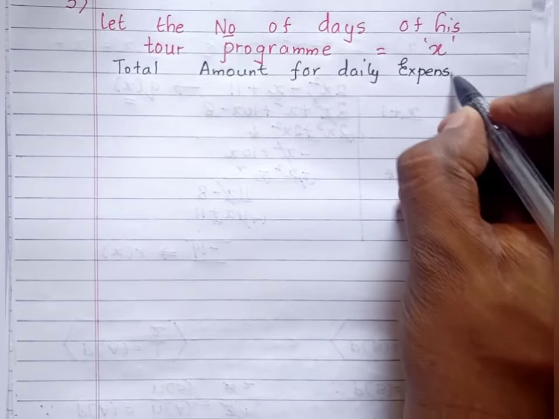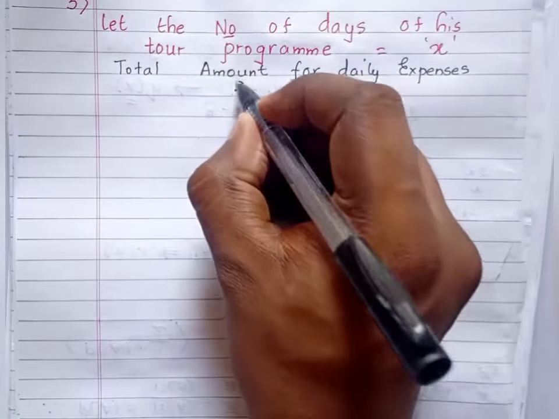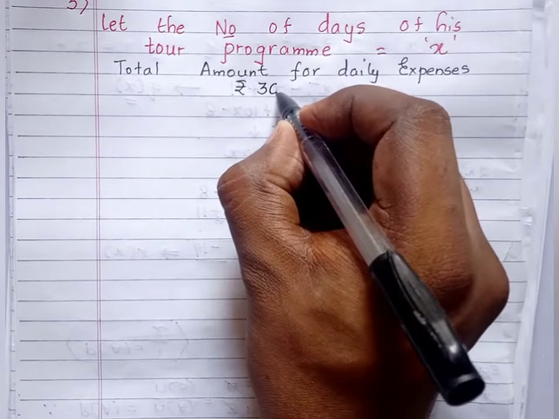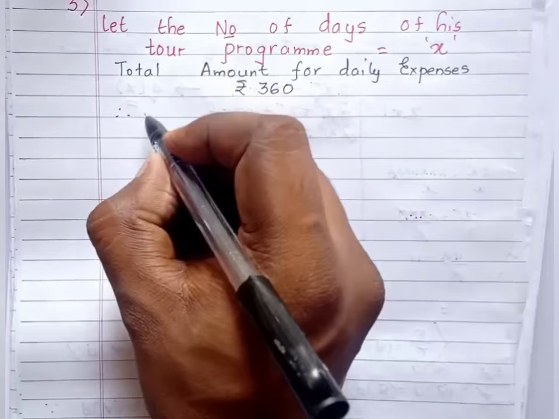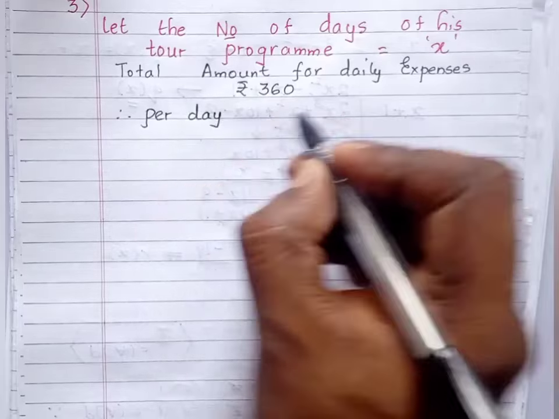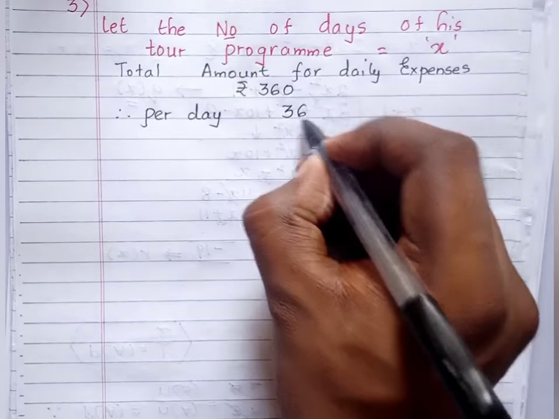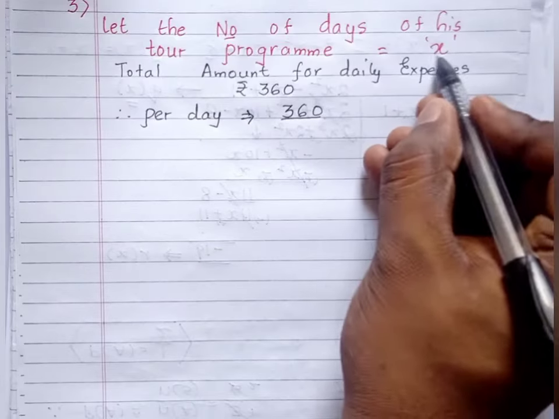Total amount for daily expenses given is rupees 360. The daily expenditure, that is per day, will be 360 divided by the number of days, that is x.